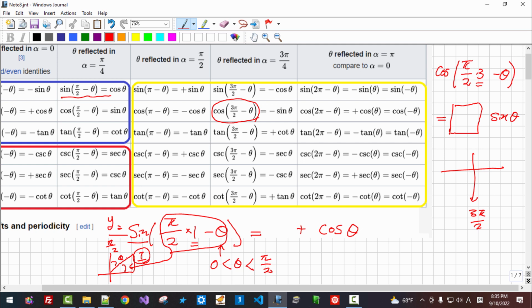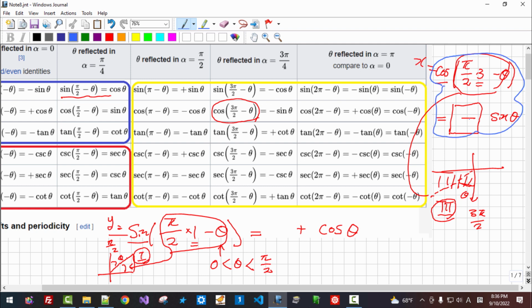If we subtract theta, which is positive, then this angle falls in the third quadrant. Cosine follows x. X is negative in the third quadrant, so it becomes minus. This result, minus sine theta, perfectly matches.